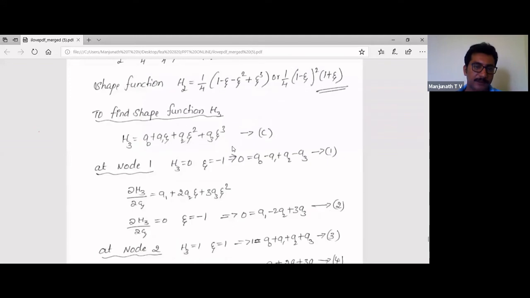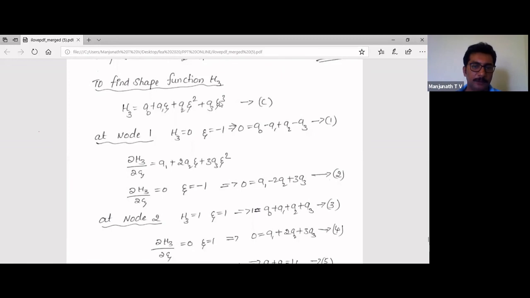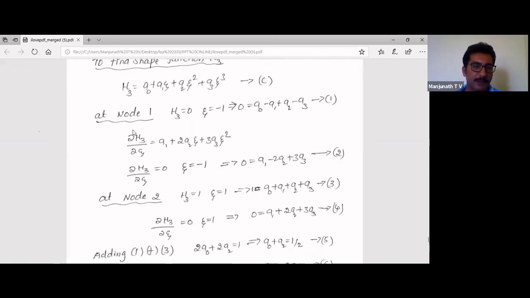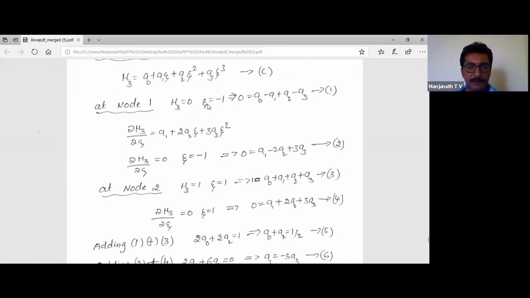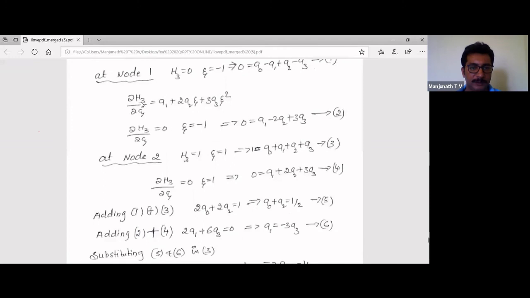Then similarly we are going to follow the same procedure to calculate h3. Again the same polynomial equation up to third order we are going to consider. At node number 1, the h3 and zeta 1 values we are going to take from the table, then substitute, and you are going to get equation number 1. Similarly, dou h3 by dou zeta, as you differentiate, you are going to get the equation.